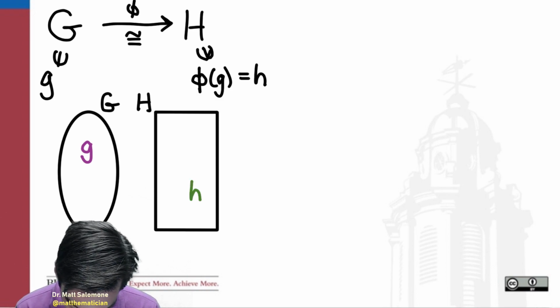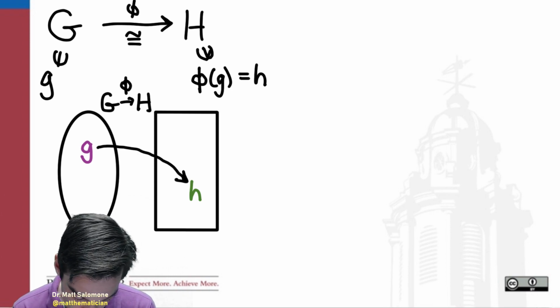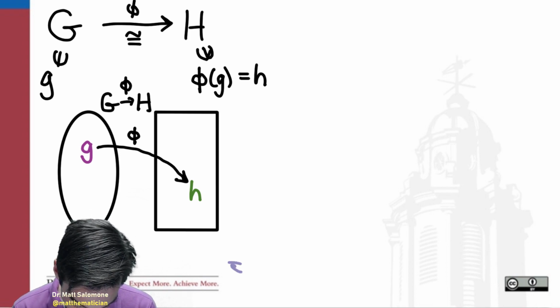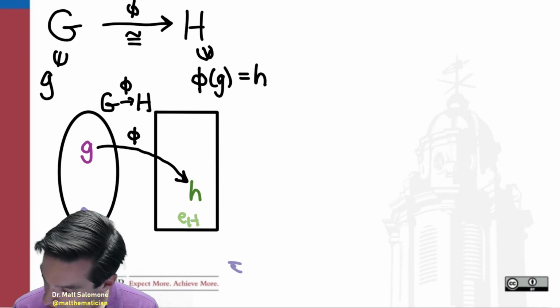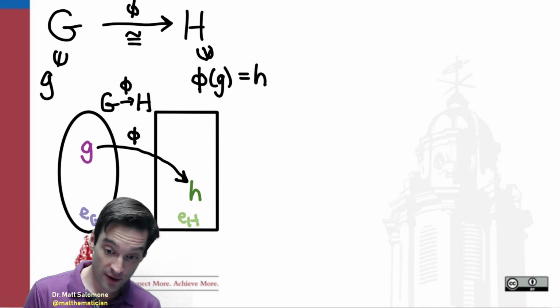And those two are related by my isomorphism. So g maps to h by my isomorphism phi. Also, each of these groups has an identity element. Let's just write those in. Let's call this one e_G, and let's call the other one e_H, just so we can keep straight which identity element goes where. They are groups after all, so they have to have identity elements.